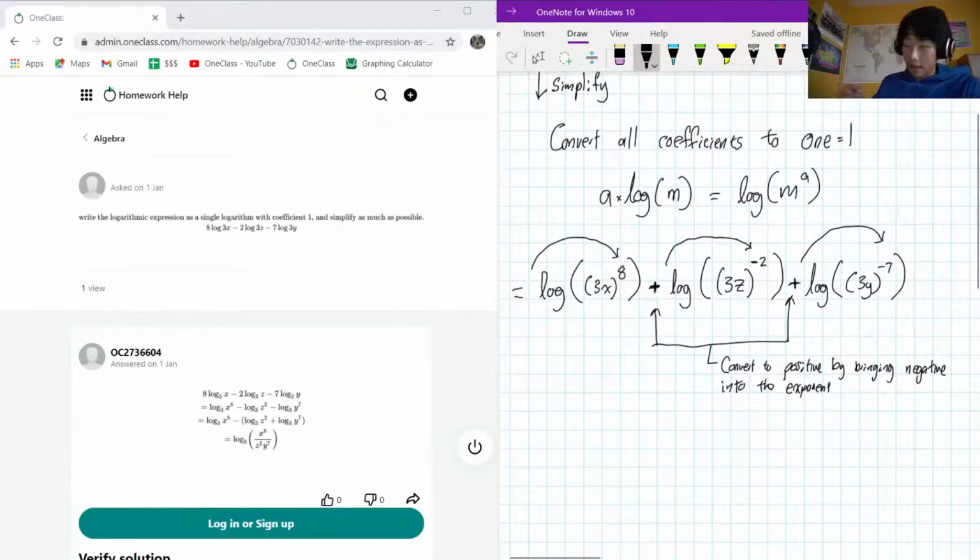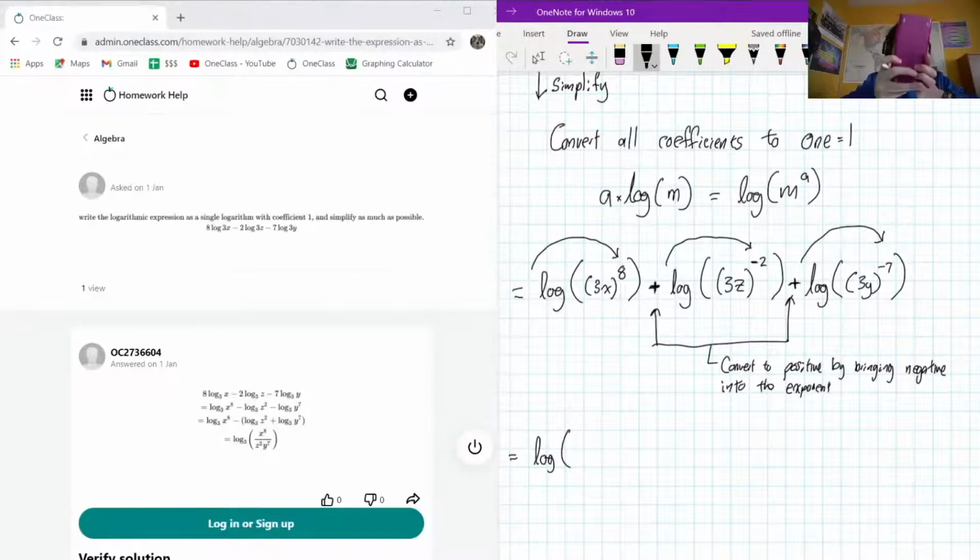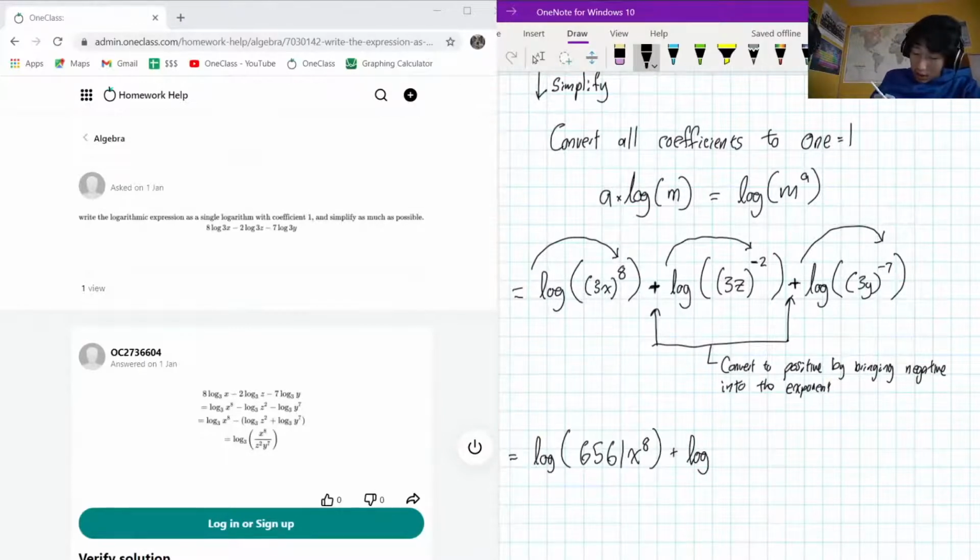Okay, so let's simplify this a little bit. Here, the x is going to remain x to the power of 8. But the 3, we do 3 to the power of 8. So that is 6561 x to the 8, plus log. Now, we can convert everything into a positive exponent. Here we'll have 9z squared.